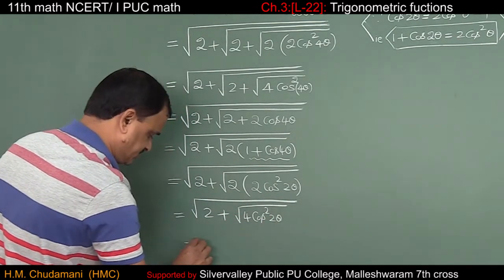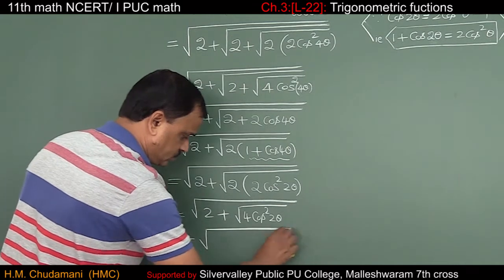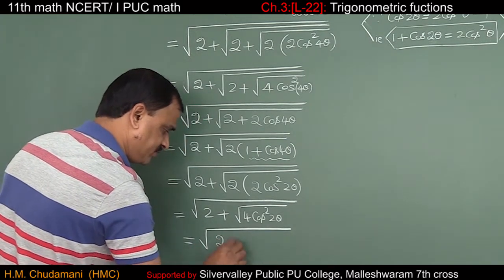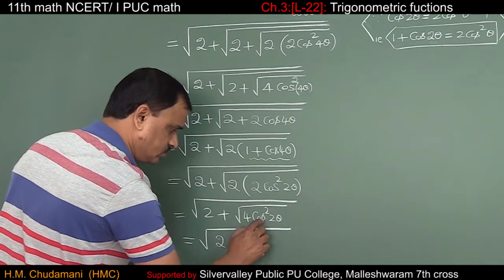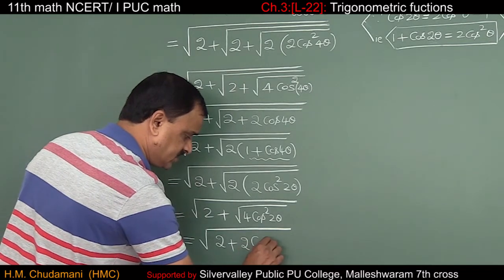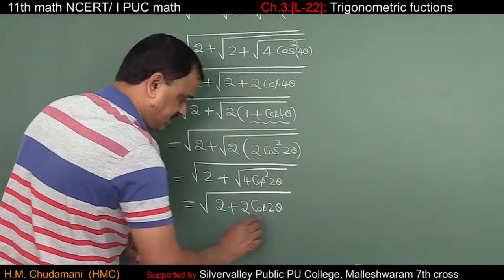Outside the root means this is equal to root of 2 plus 4 outside the root means 2. Cos square 2 theta becomes cos 2 theta.